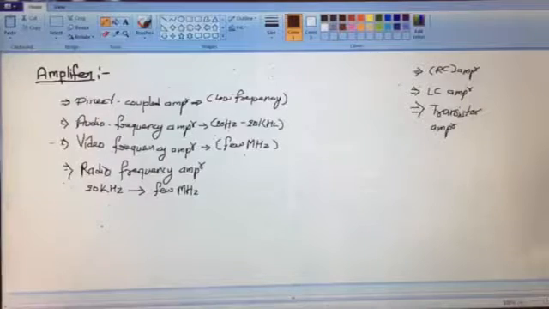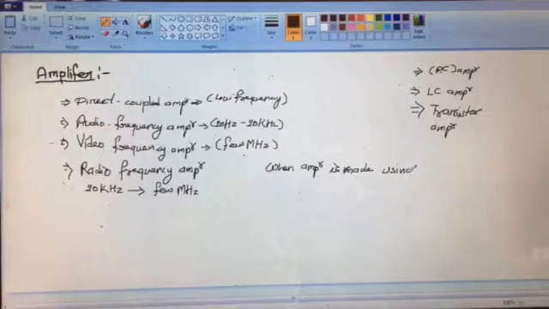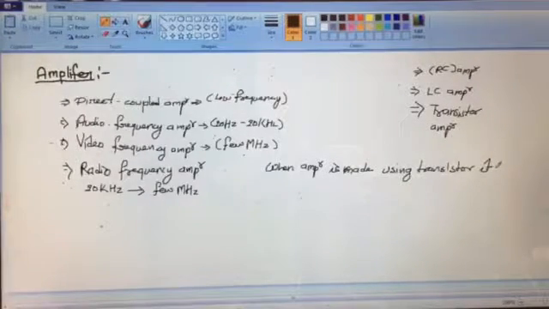When an amplifier is made using a transistor, it is known as transistor amplifier.